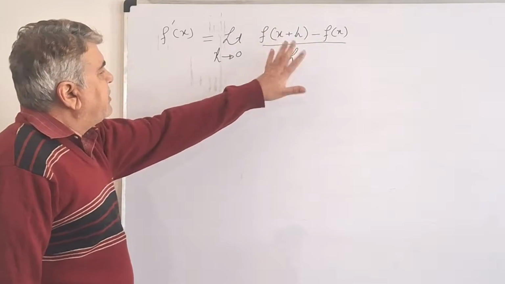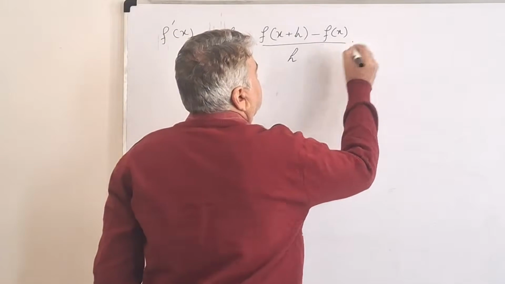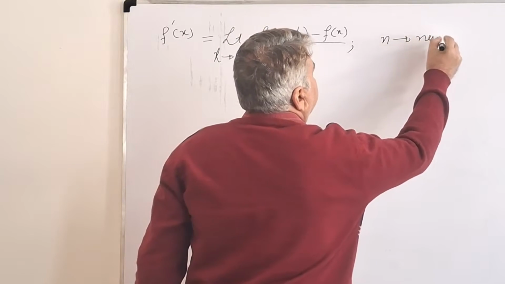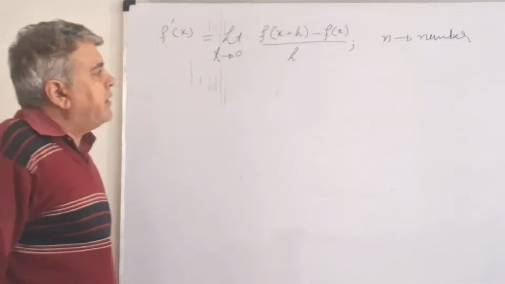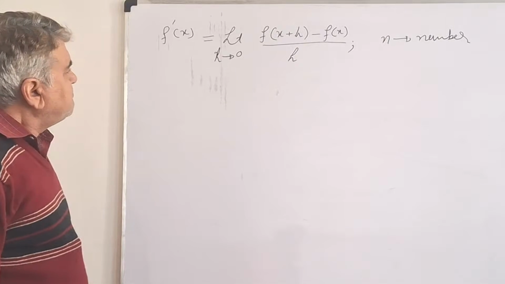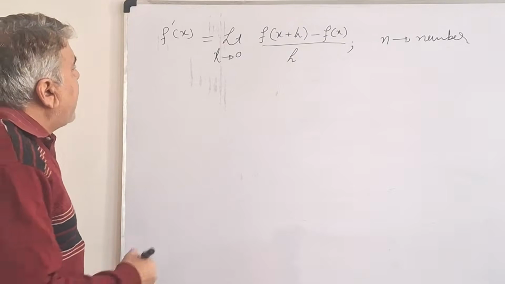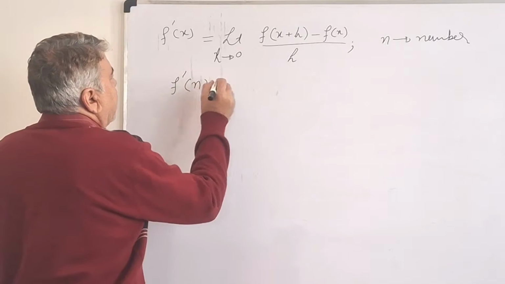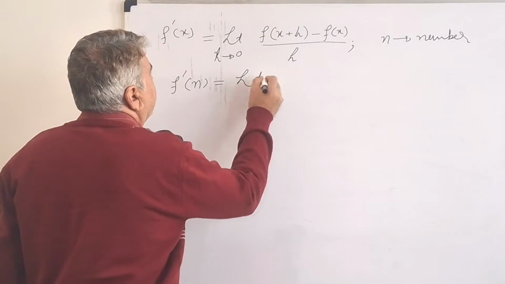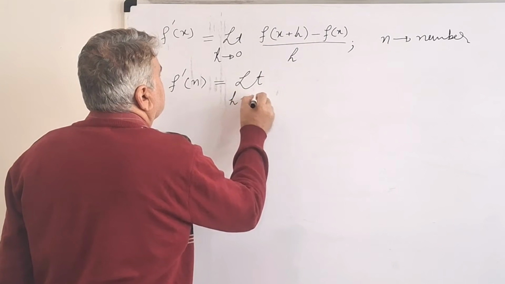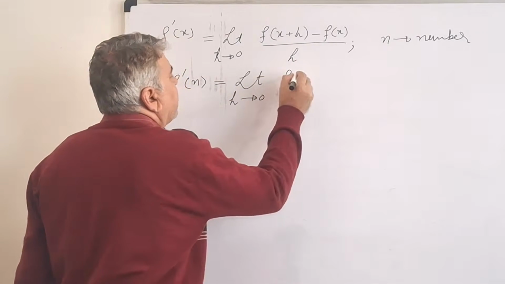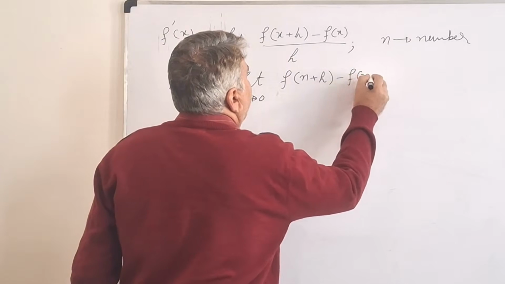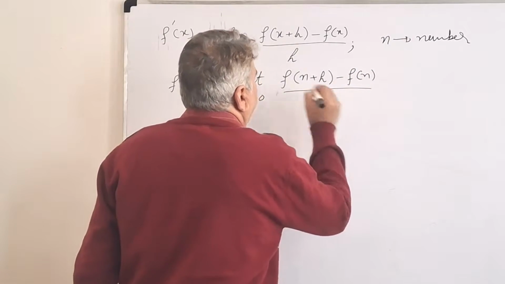And we want to find the derivative at a number. Let me call that number n. The number n could be any real number, and we write the derivative at number n as f prime at n, given by the limit as h tends to 0 of f of n plus h minus f of n, divided by h.